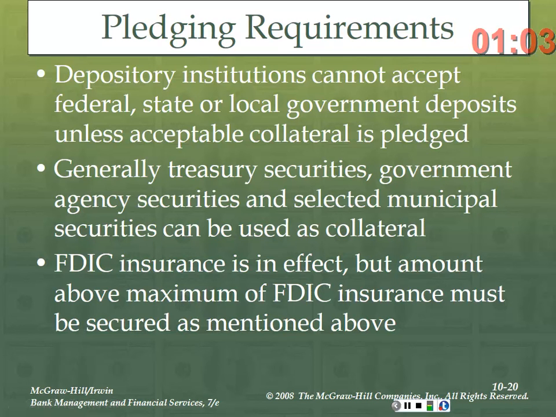Now, unless you work at a bank, and even if you do, you may not realize this, but there are times during the year when your bank has millions and millions of dollars of federal, state, or local government money.